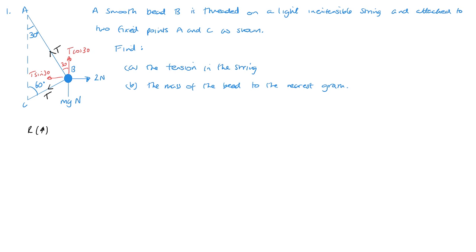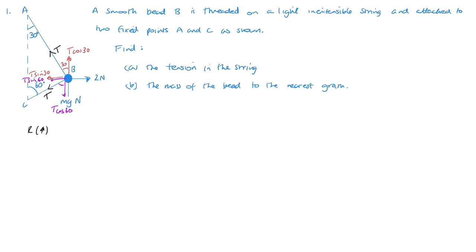And then in purple for the other T we'll have one going down and one going across. So this angle here is the 60 degrees. So T cos 60 is going down and T sine 60 is going horizontal.